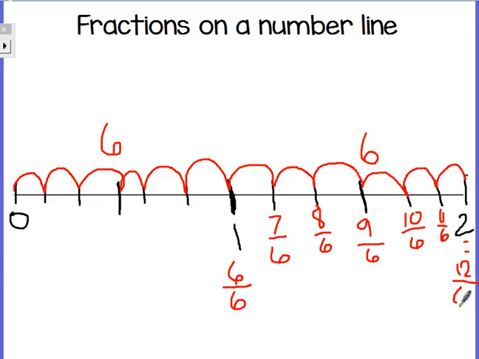Now an easy way to look at that is seeing that the numerator is double the denominator. So if I do 12 divided by 6, I get 2, which is where we are on that whole number.